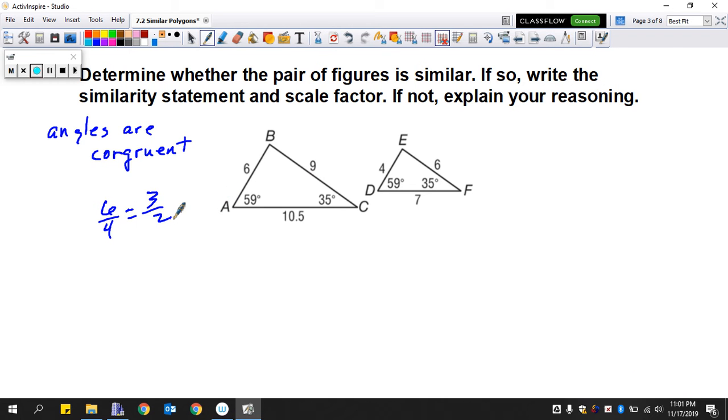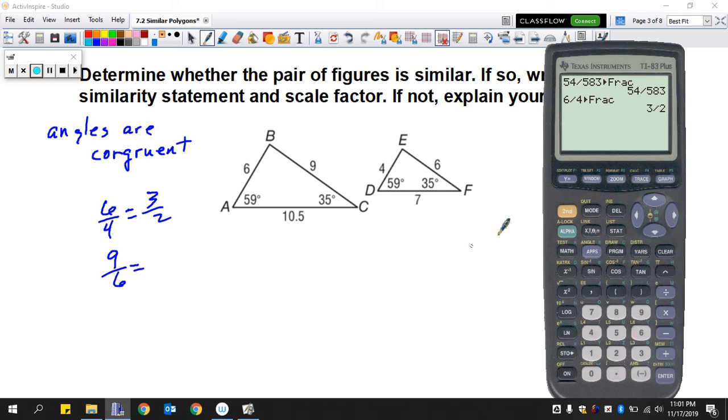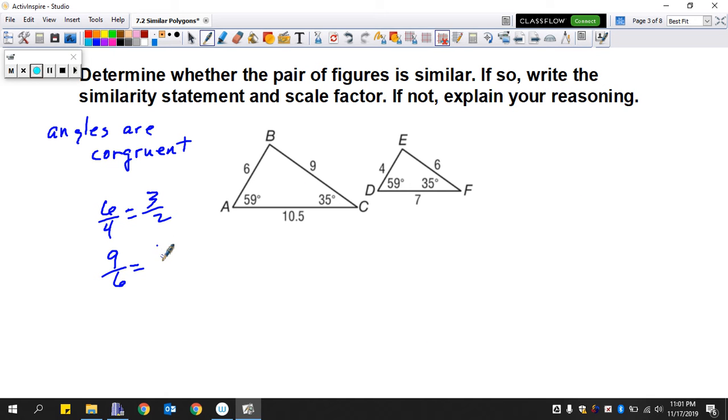The next one is 9 to 6, same thing. 9 divided by 6 is 3 to 2.